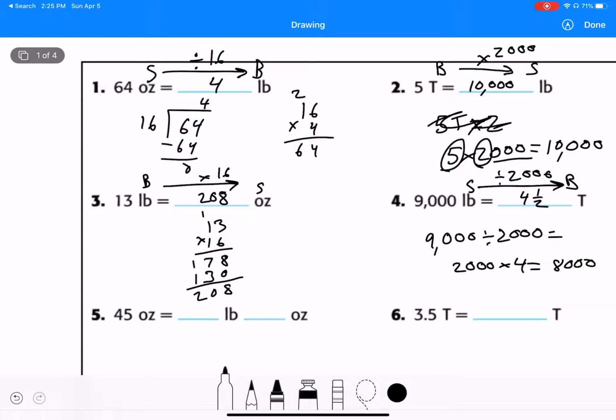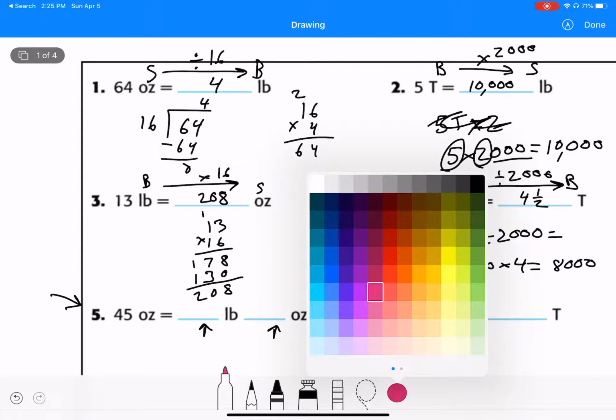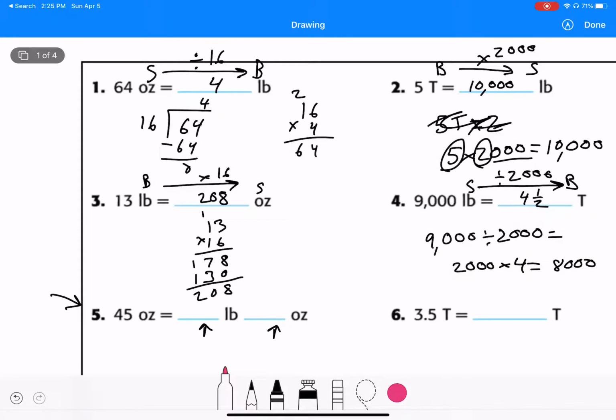When you have problems like number 5 here, they're saying that it's not going to work out perfectly. You're going to have so many pounds and so many ounces left over. So let's do this problem. Let's choose a different color. We're going to do it in pink. So we have 45 ounces, which is small, and we're actually converting to pounds, which are bigger. This is just our leftover ounces. So going from small to big, we must divide. So 45 divided by 16 ounces in a pound.